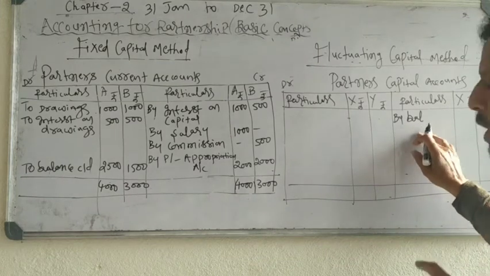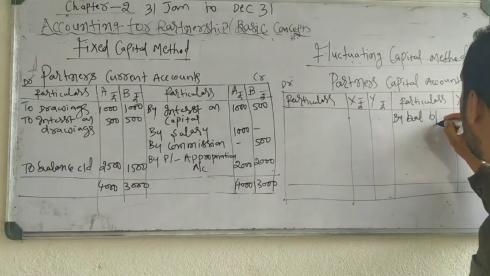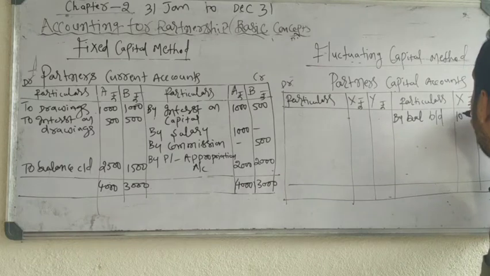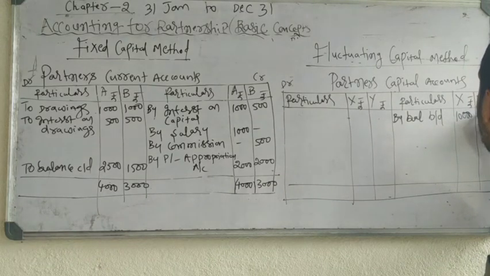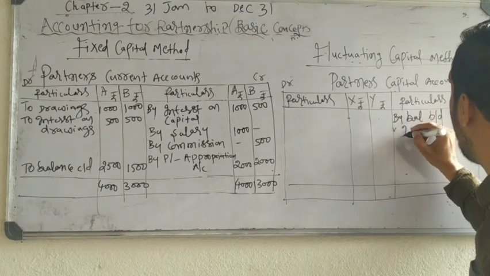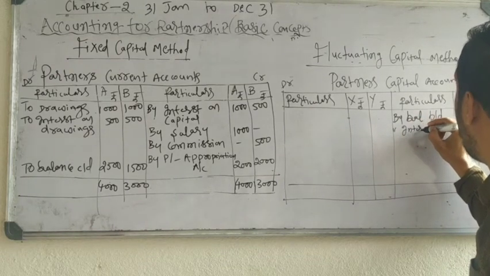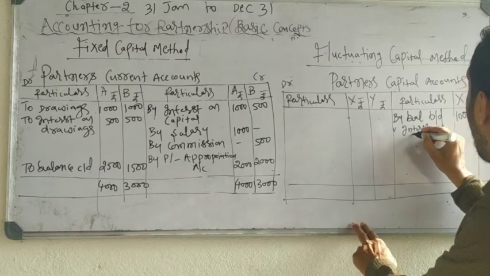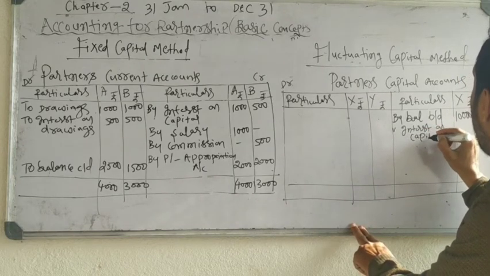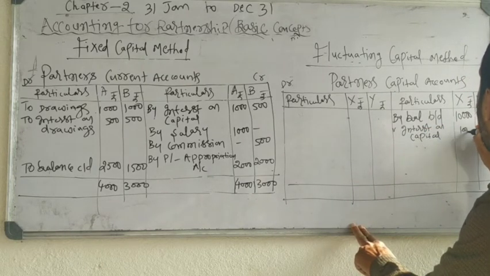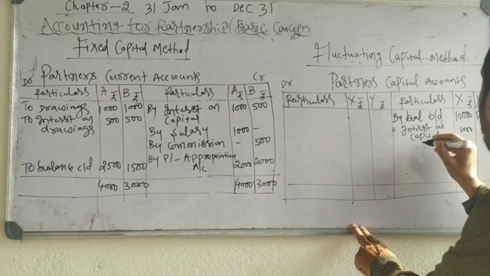First, I will record capital balance. By balance brought down, suppose 10,000 is the capital balance of X, 5,000 is the capital balance of Y. Other entries. Interest on capital. We'll take same one, 1,500.